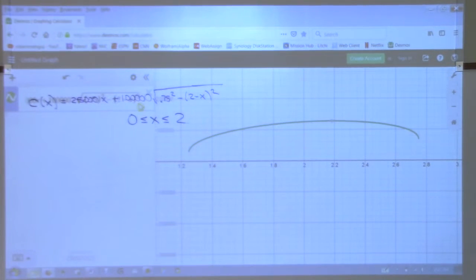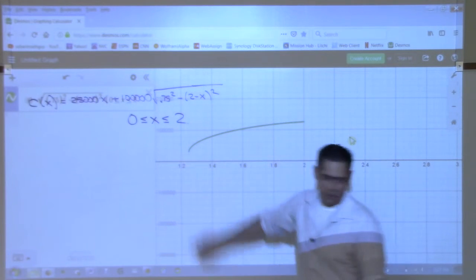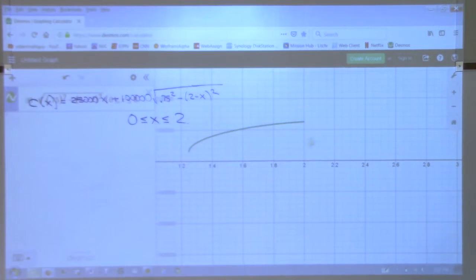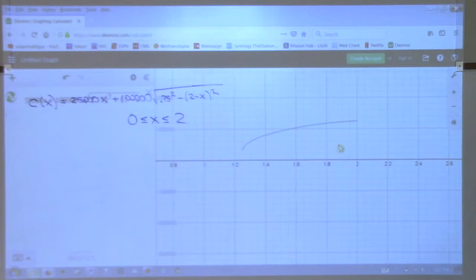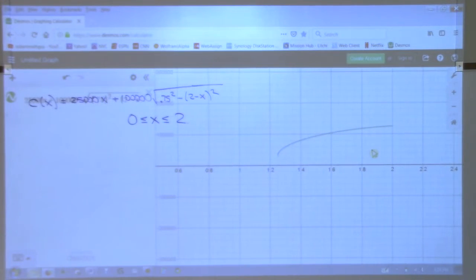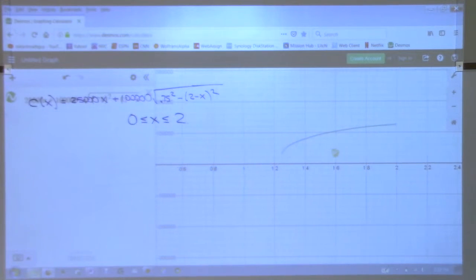Yeah, let me put our range in here. 0 less than or equal to x less than or equal to 2. There we go, okay. Yeah, but I still don't like this. We should have a graph over here, because there is a cost of just going underground the whole way. But you wouldn't go more than 0.75. Yeah, the x would have to be 0.